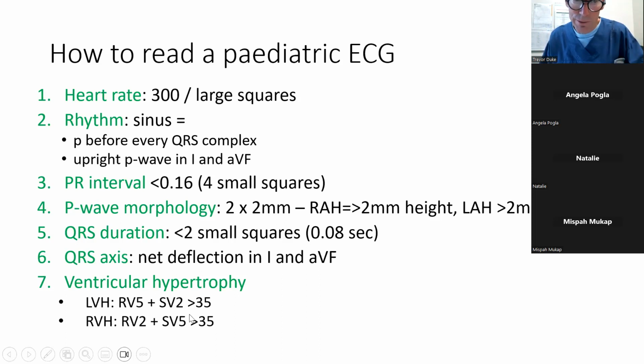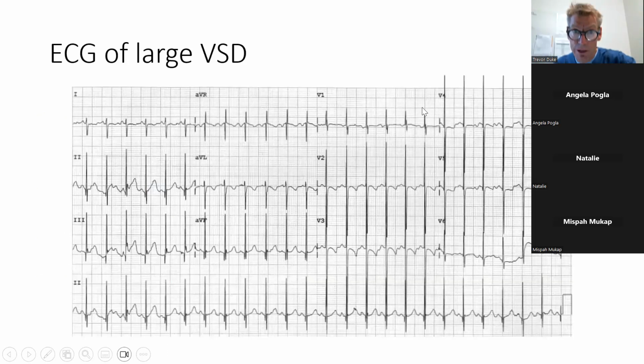When you're looking at V2 here, the R wave is looking at depolarization of the right ventricle, V2 being more central, and in V5, the R wave is looking at depolarization of the left ventricle because it's around laterally. Similarly, the S wave in V2, you can see it down to about here.